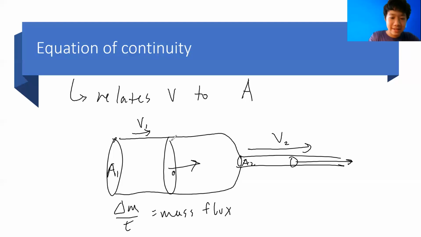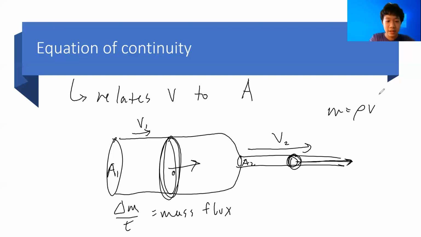So the amount of mass that's passing this area per time is the exact same as the mass passing this area per time, and this is constant for all fluids. So the equation of continuity, we derive it from this theorem that the mass flux in any fluid is equal. Now we're going to use m equals rho v.